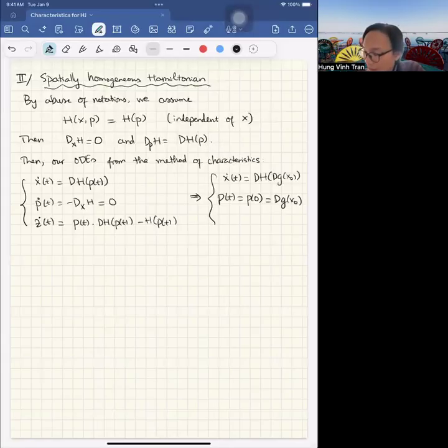That's really important. And z dot of t is also a constant along the curve, equal to dg of x0 dot dH of dg of x0, minus H of dg of x0. So z is linear along the characteristic.